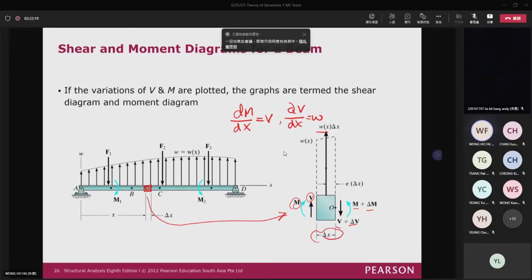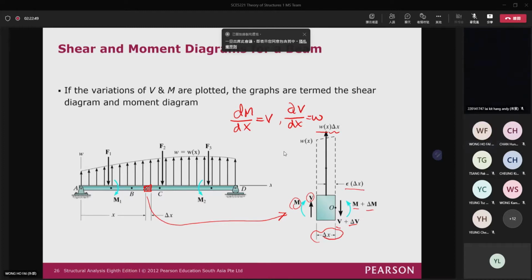And then the distributed load right here is equal to w(x). We assume the width of the small element is equal to delta x. So the total load is equal to w(x) times delta x. And then the location of this resultant force is equal to epsilon delta x. We are not sure whether it must be at the center or not, because if it is a constant load, then the resultant force must locate at the center.